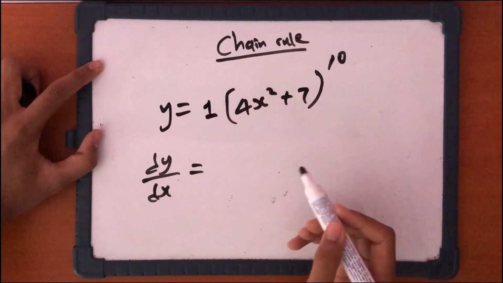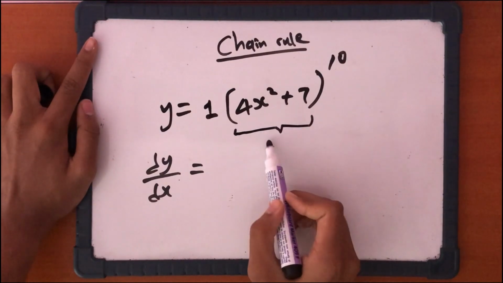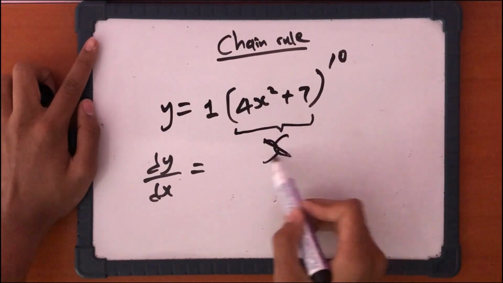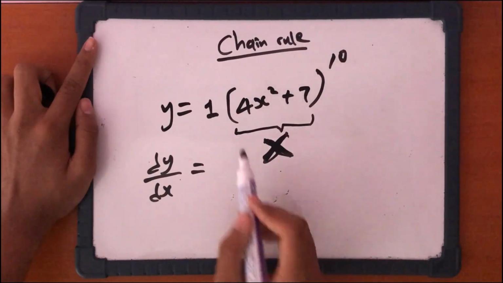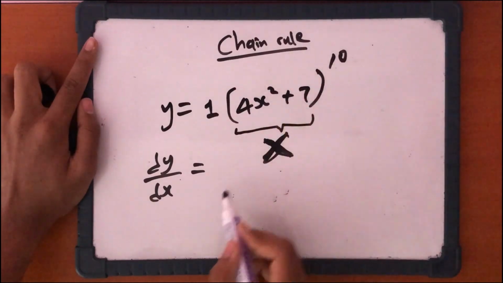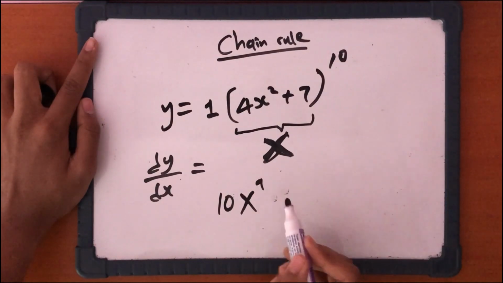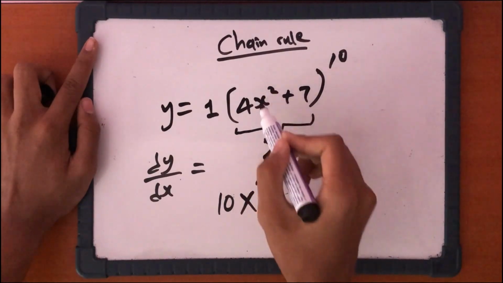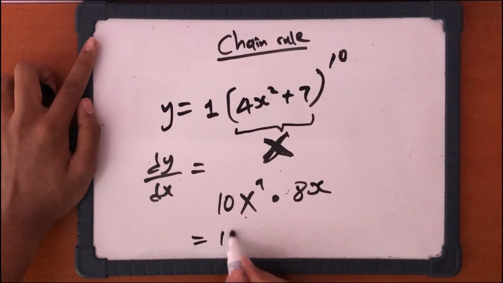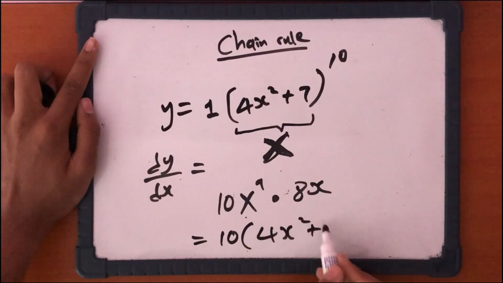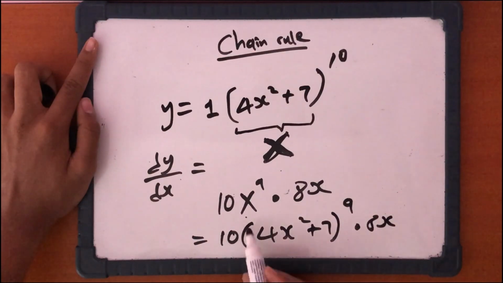We first work with the outside function, treating the whole of this as one large X. So first differentiating the outside function, 1 times 10, 10 times capital X, all raised to 9, times the derivative of the inside function, which is 4 times 2, 8x. Now remember, we treated this large X to be this whole brackets. So 10(4x squared plus 7) all raised to 9 times 8x, which would be 80x into this.